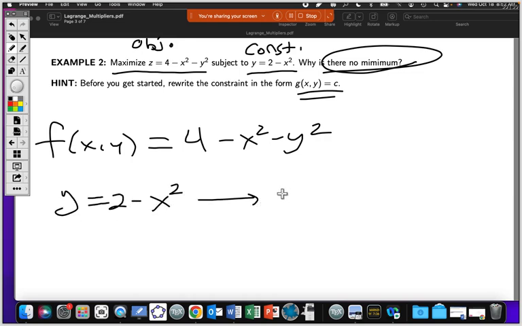Now in order to use the method of Lagrange multipliers, we need to rewrite the constraint essentially so it looks like the contour of a function of two variables. In other words, you've got to get all the letters on one side, and you can do this however you like. What's one way to rewrite this so it's of the form g of xy equal a constant?